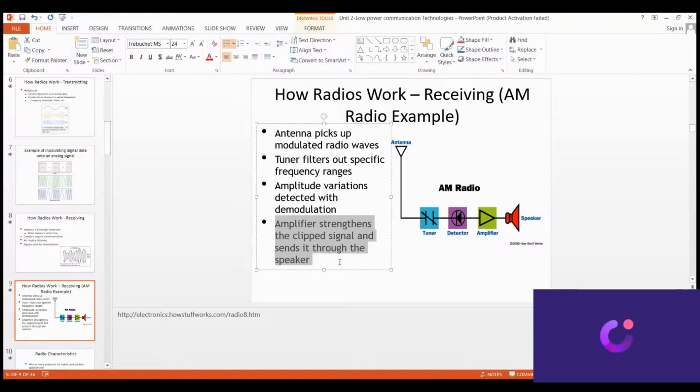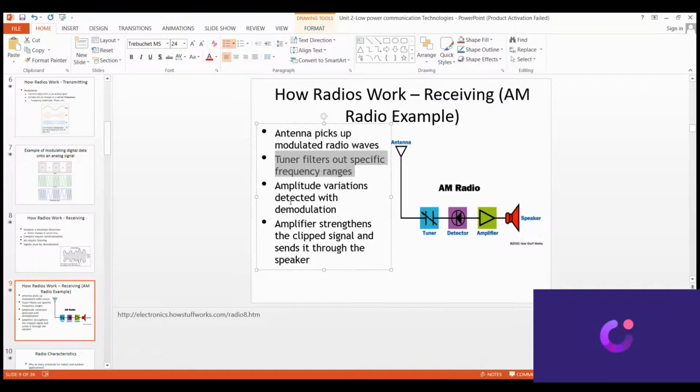We have the antenna. Remember, we're talking about transmitting wirelessly. We have the antenna that picks up a modulated radio wave. Then from the antenna, we have the tuner, where you tune to get the correct specific frequency range.